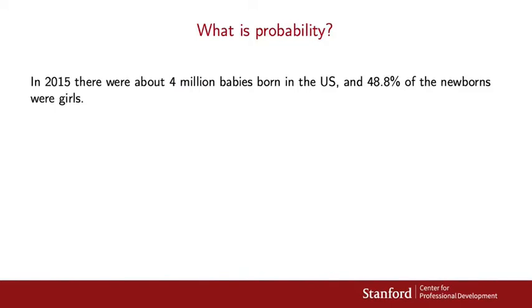So if we look at a baby that's born someday in 2015 and ask what the chances are that this baby is a girl, we would say the probability of a baby being a girl is 48.8%. We write this with a capital P for probability, and then in brackets we write down the event we're interested in, in this case the newborn is a girl, and this equals 48.8%.